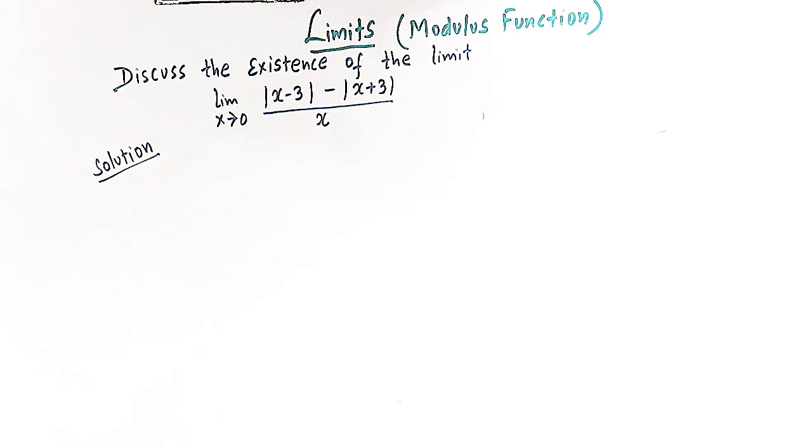Let us first see the definition of mod function, and then we'll calculate separately the right hand limit and the left hand limit when x tends to 0.